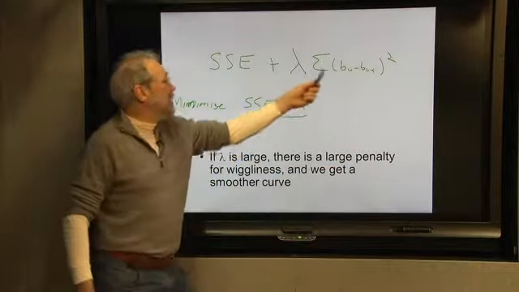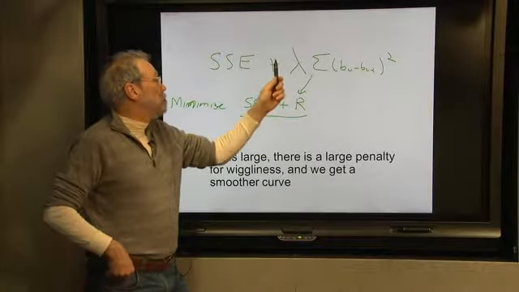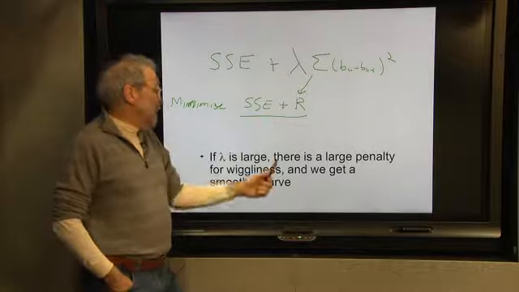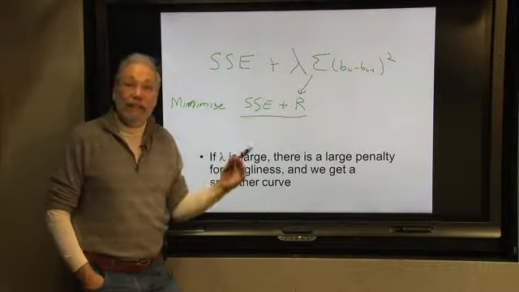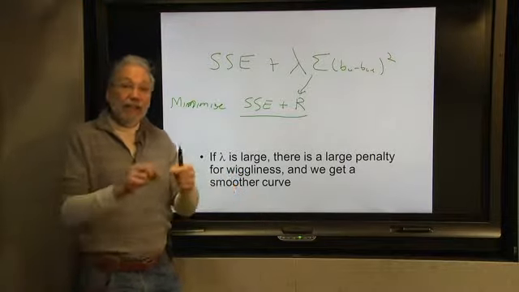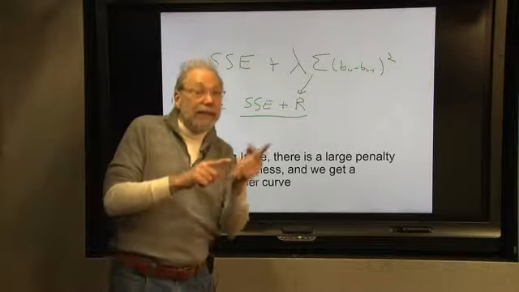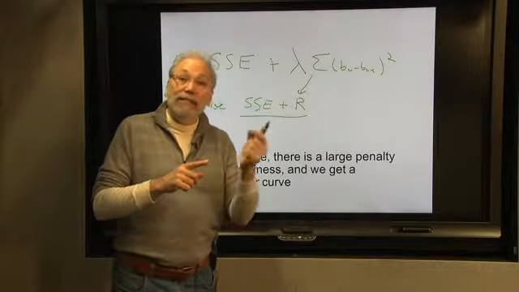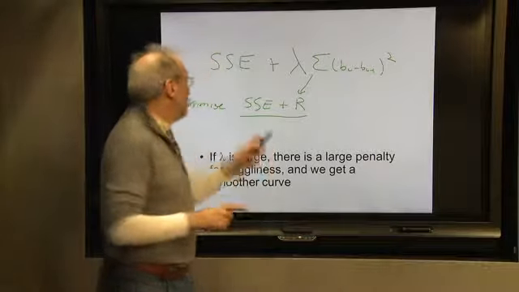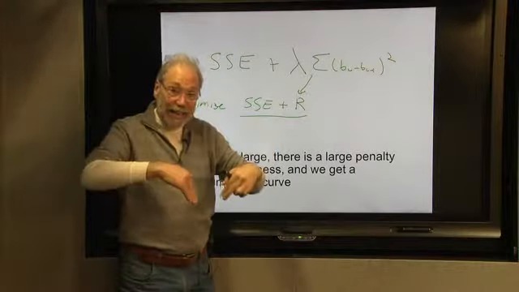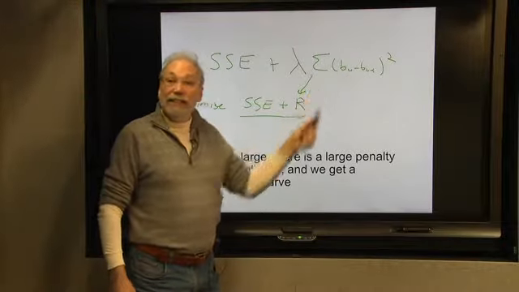If lambda is big, then the penalty for having a big change in coefficients is going to be high. Now, if I change my coefficients more, I probably can fit the wiggles, even the random wiggles in the data, a little better. So my sum of squared errors will go down, but my penalty for wiggliness goes up.